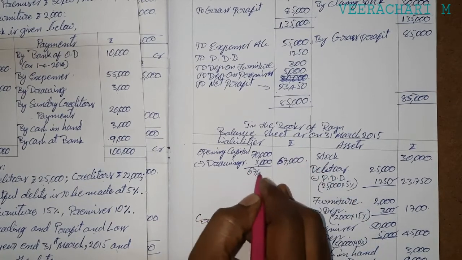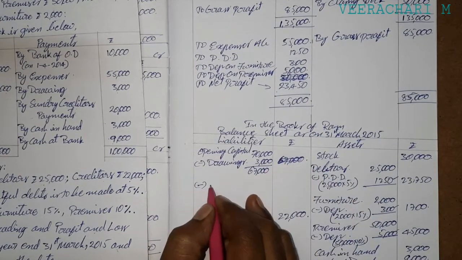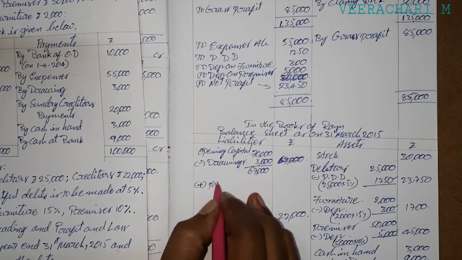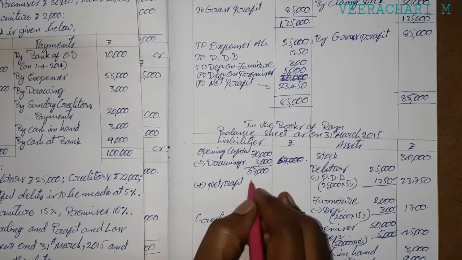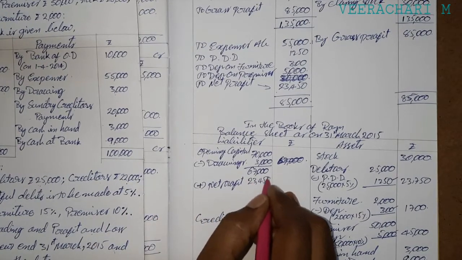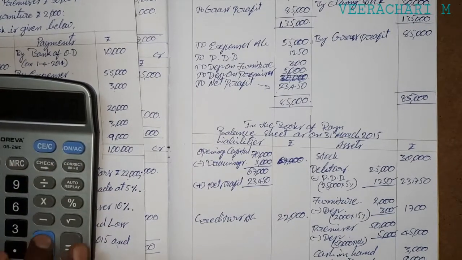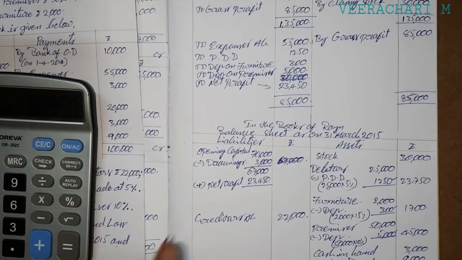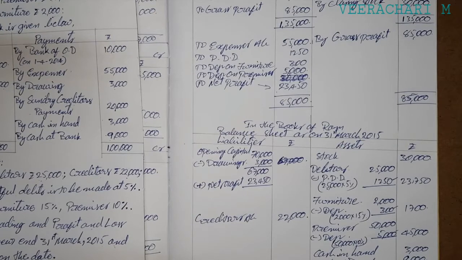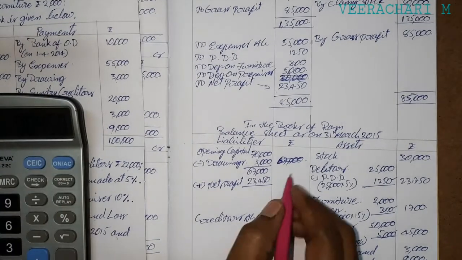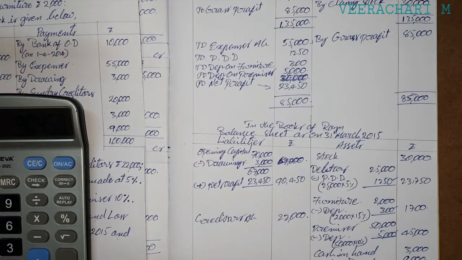Next, add net profit, that is 23,450. If you add this net profit, 90,450. There is no additional capital and so on. So directly 90,450 can be written in the capital column.